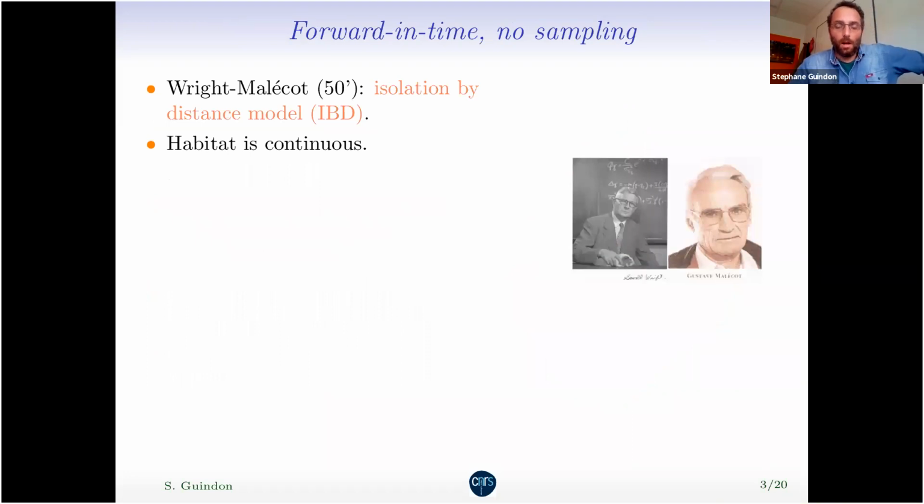So the idea of incorporating spatial information into models of evolution goes back to the 50s with the work of Wright and Malécot on the isolation by distance models. In the first version, their model applied to the case where habitat was considered as a continuum.